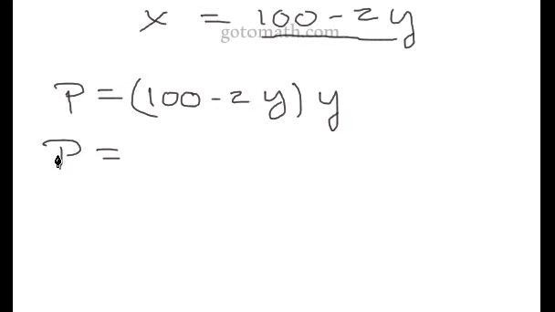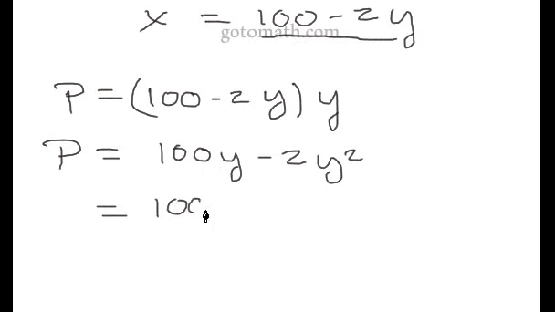But before I do that, I'm going to distribute this y across. Now go ahead and take the derivative, so we end up with 100 minus, take the 2 out front, 2 times 2 is 4y, set it equal to 0, and then solve for y in this problem.